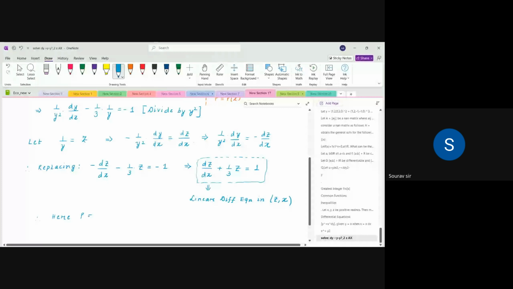So once we have identified that this is a linear differential equation, over here your P is basically 1/3 and Q is basically 1. So what will be the integrating factor? Can anyone tell me in this case?